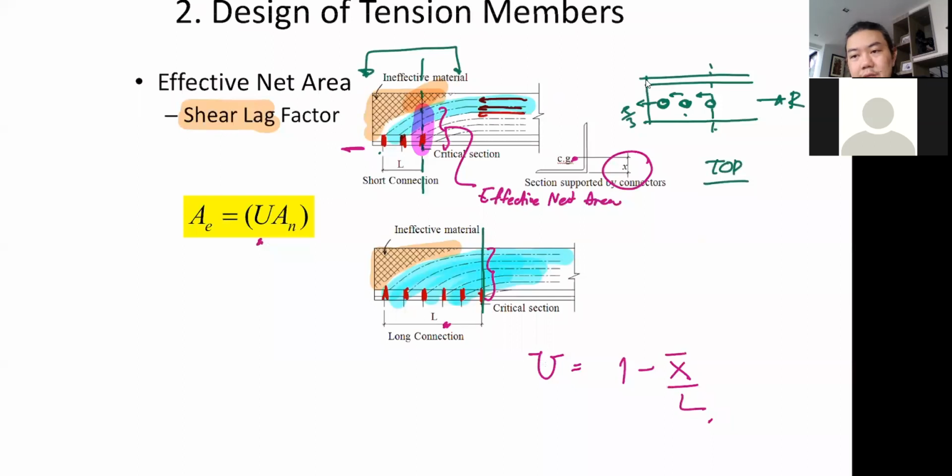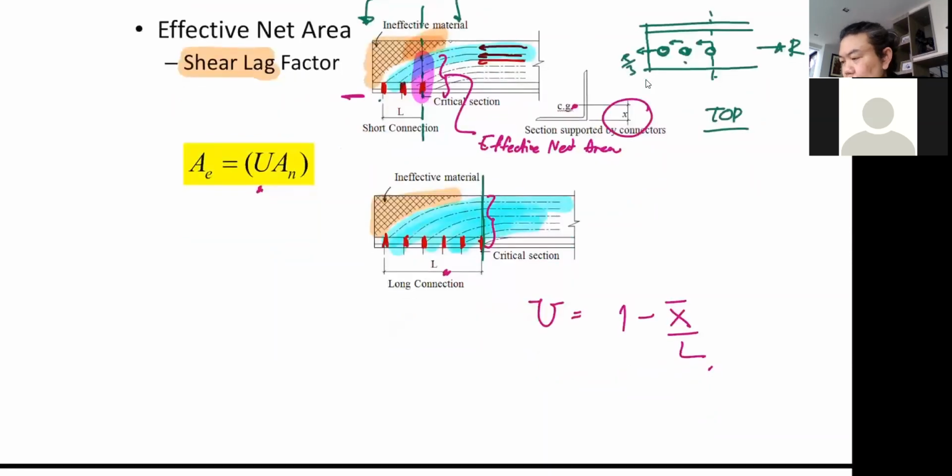Now, one thing that you need to understand is this. In steel design, we have two ways to connect the members. First is by bolting, second is welding.